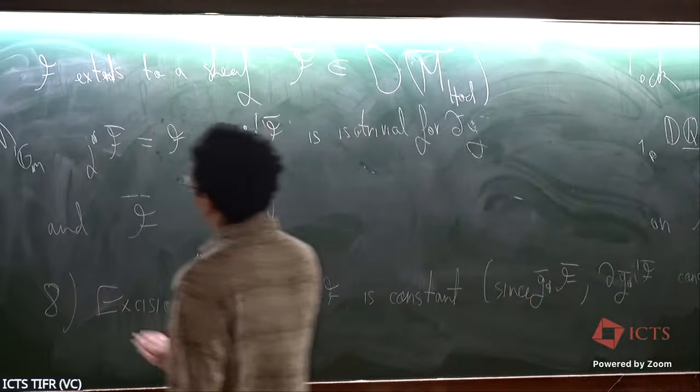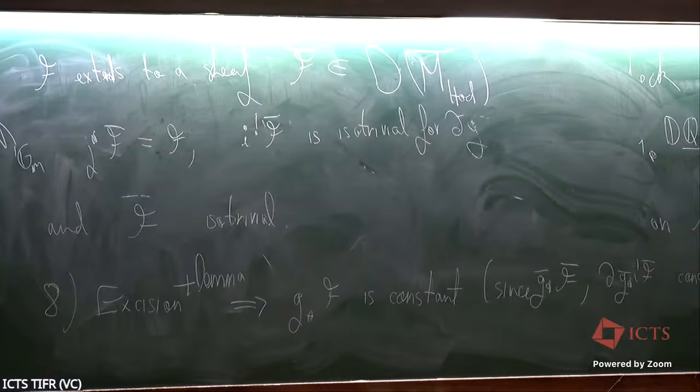Right, so the Dolbeault moduli space, so this is the compactification of the Dolbeault, no, wait. So this is not the compactification of Dolbeault. This is the boundary of this compactification.